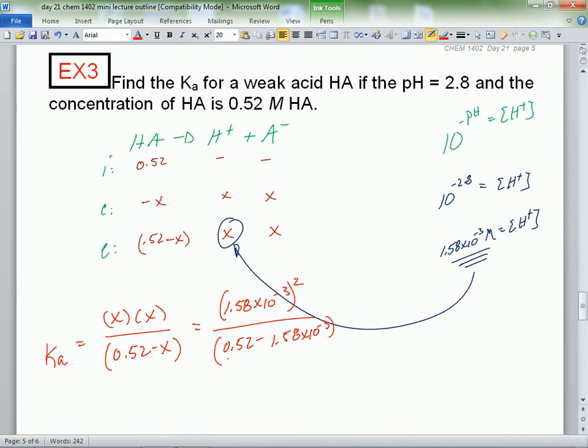About 4.8 times 10 to the negative 6. And no units on equilibrium constants.